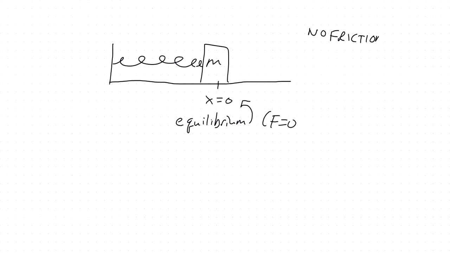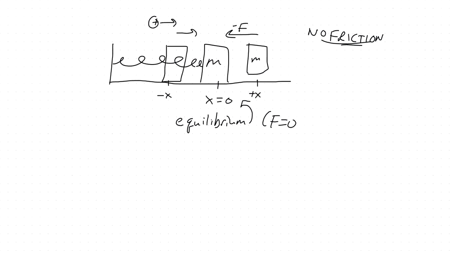If I pull the mass this way, the force points this way, which we'll say is negative. We'll say this is a positive value of x, and we'll say this is negative. So left will be negative, right will be positive. We'll establish that. Obviously, if I push the block this way and the spring is compressed, it'll be positive.